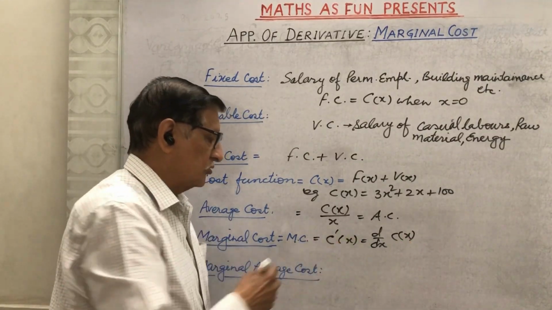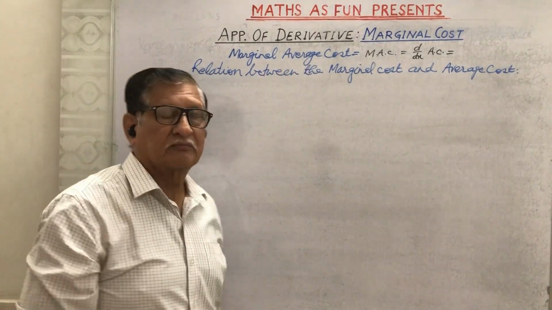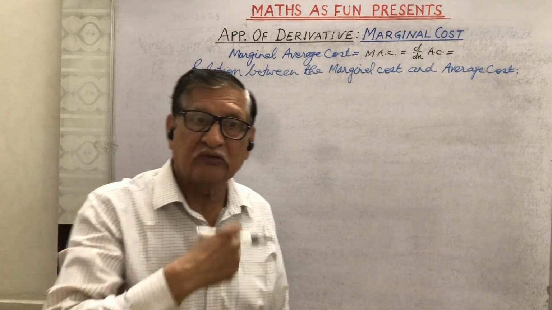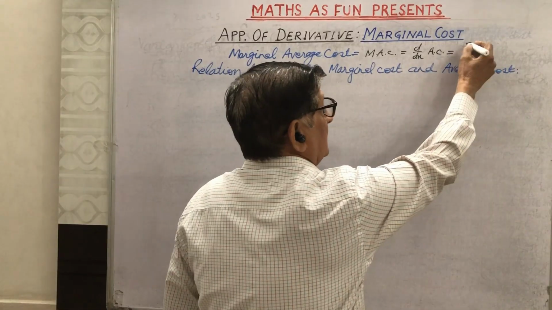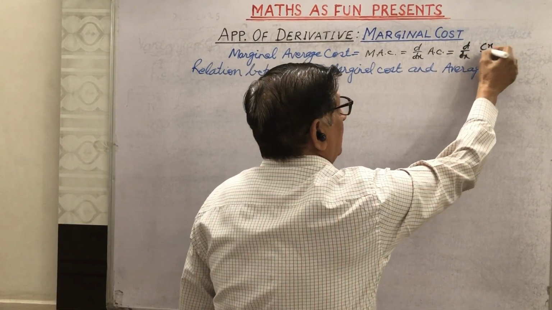That is the marginal cost. Now what is the marginal average cost? Marginal average cost is the derivative of the average cost. It means this is d/dx of the average cost, that is C(x) upon x.